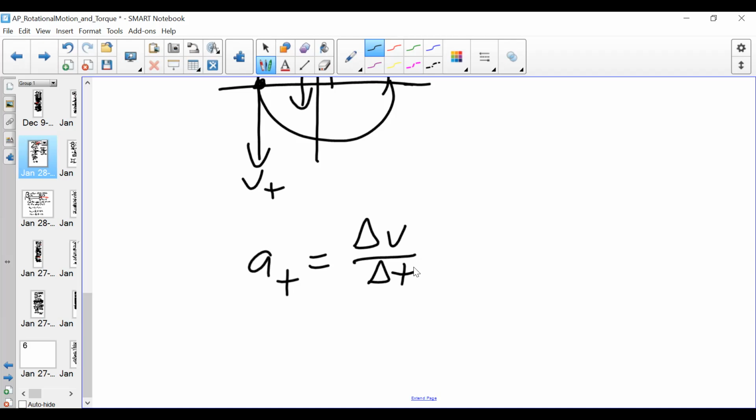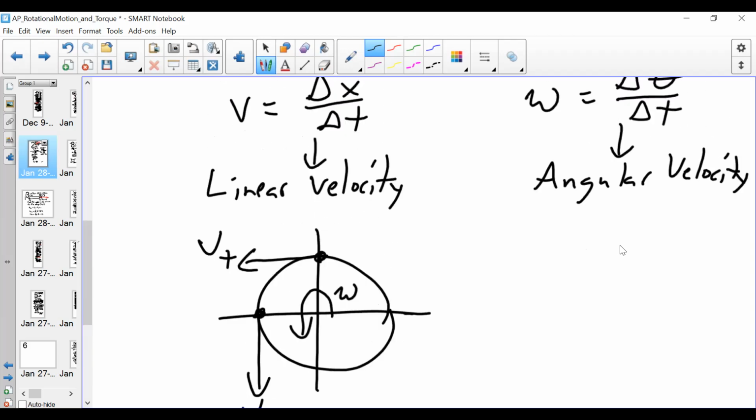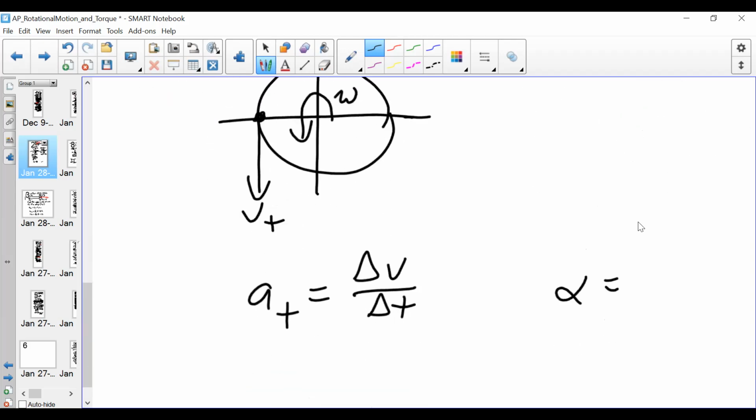And then the angular quantities, the angular acceleration is going to be with respect to the center of the circle. So we say alpha is equal to delta omega over delta t.